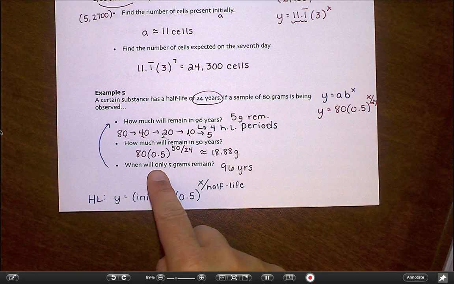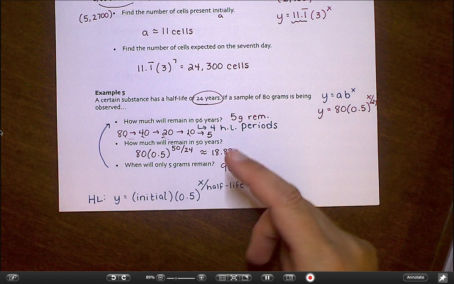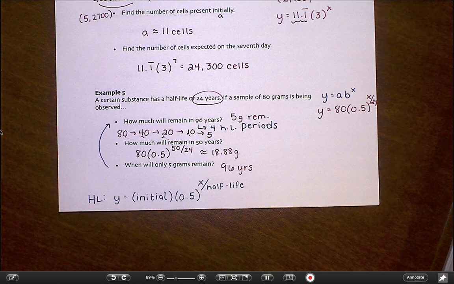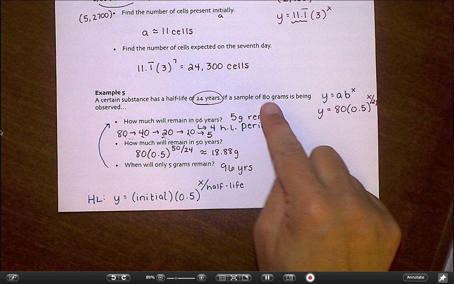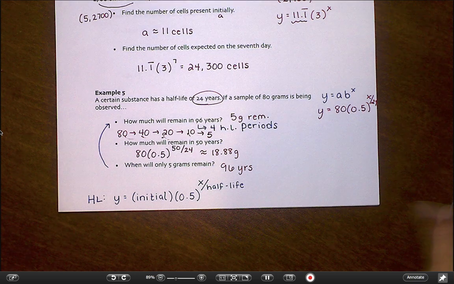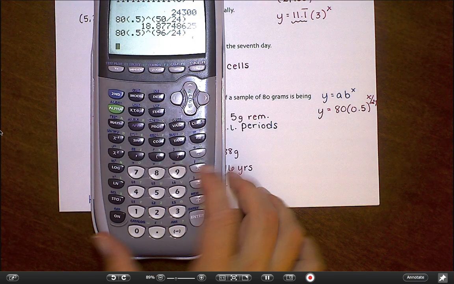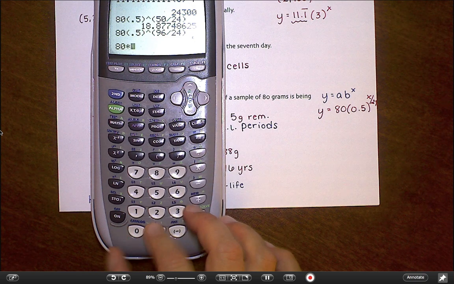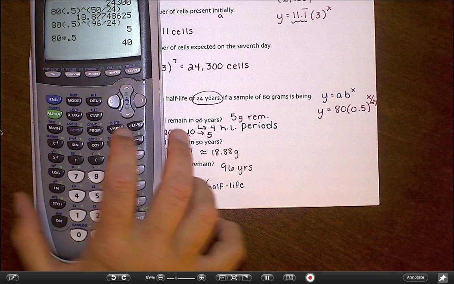Right now, if I ask you a question like this, it's either going to have to be an estimate where you can just get really close to it, or it's going to be something where you can just take that initial number and start cutting it in half and see how many times it takes you. But if I hadn't done this question up above, probably what I would have done is taken that 80 and multiplied by 0.5 and said, okay, so there's one round, right? That's one half-life period.